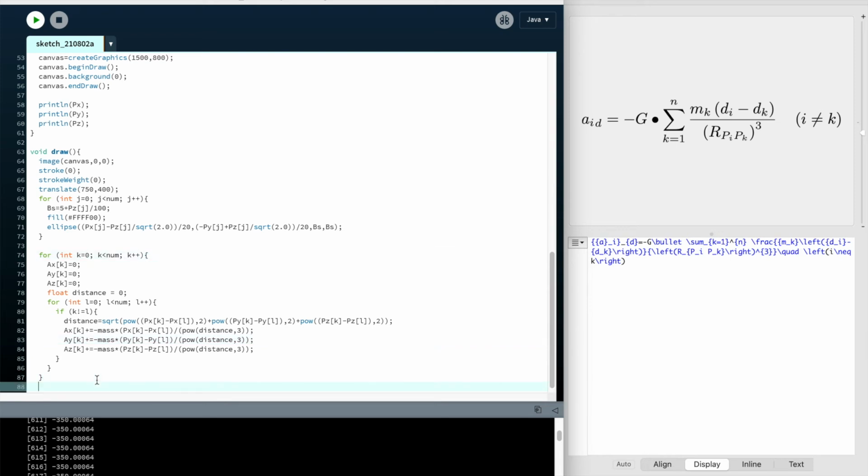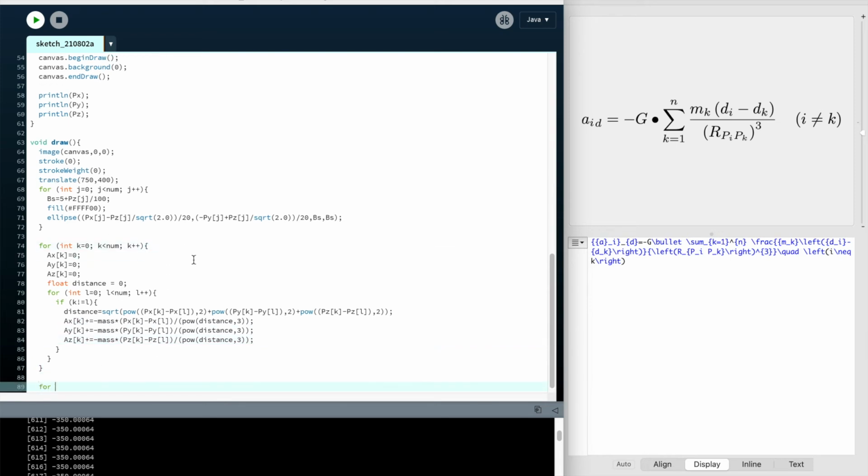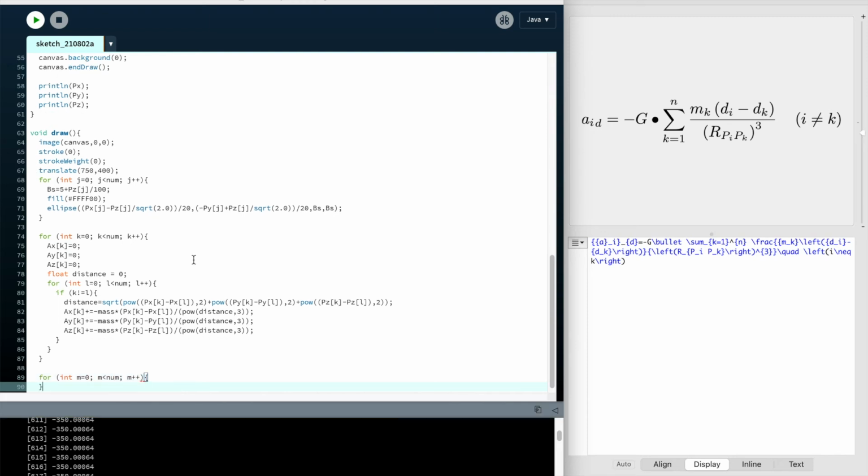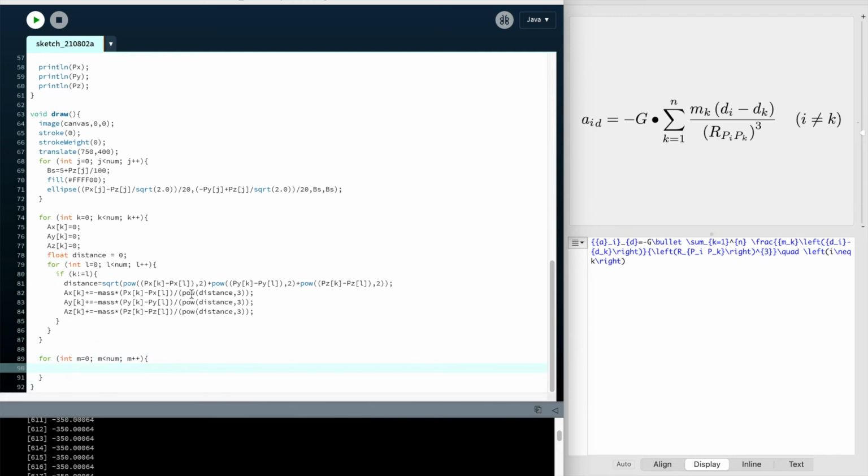So that ends here, and finally we have a last for loop that does Euler integration or Euler approximation of the position and the velocity, all accumulated from the acceleration. So what we do is from n is 0 to num plus plus, we say the velocity in the x direction is added to our t.